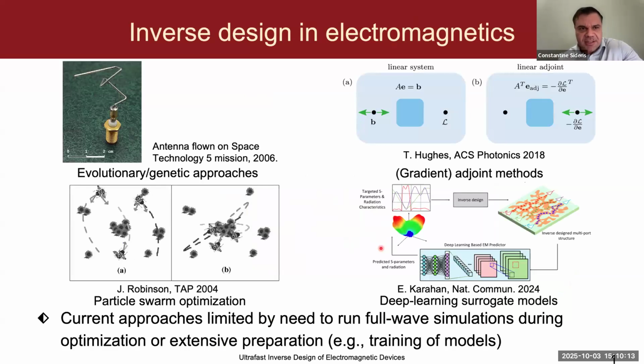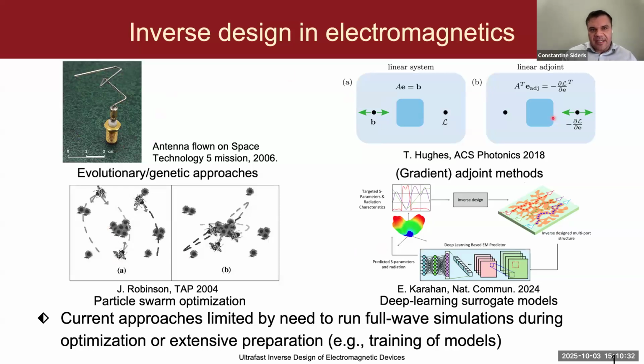So inverse design has actually been around for a very long time in many different fields, as well as in electromagnetics. On the top left is an example of an inverse designed antenna using genetic algorithms by JPL, and this was flown on a space mission back in 2006.